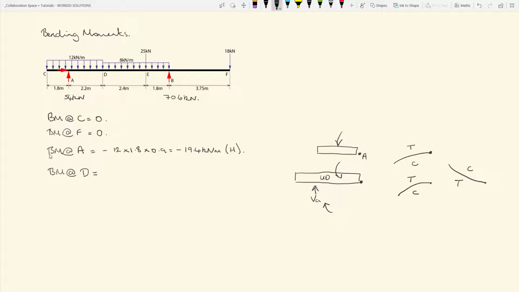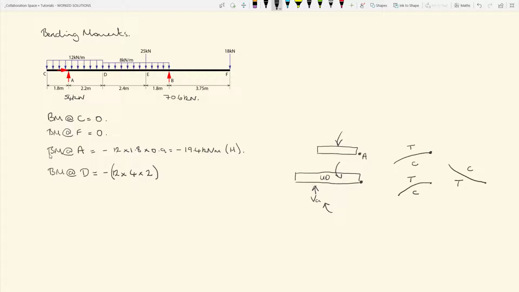So if we now consider the bending moment at D, starting with the UD load, that's causing tension in the top, so it's going to be negative, so minus 12 times 4 times 2.